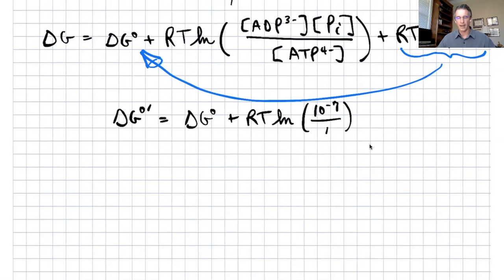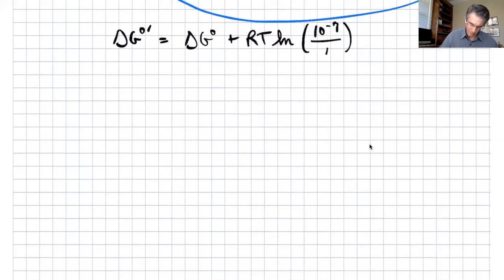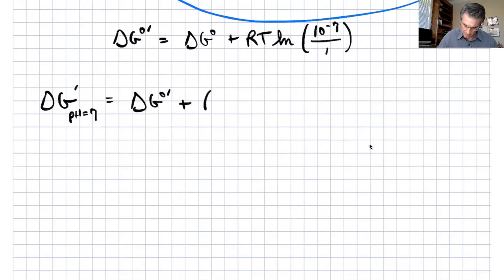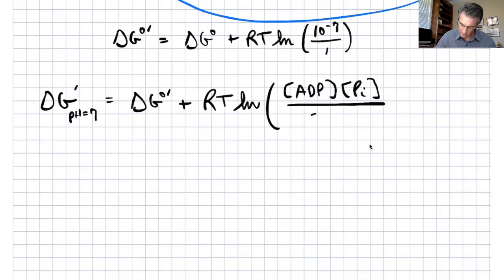I can now use that to write out the expression for the free energy change of ATP hydrolysis at pH 7. So it now simply equals delta G naught prime plus RT log of what I had before, ADP times inorganic phosphate over the concentration of ATP.